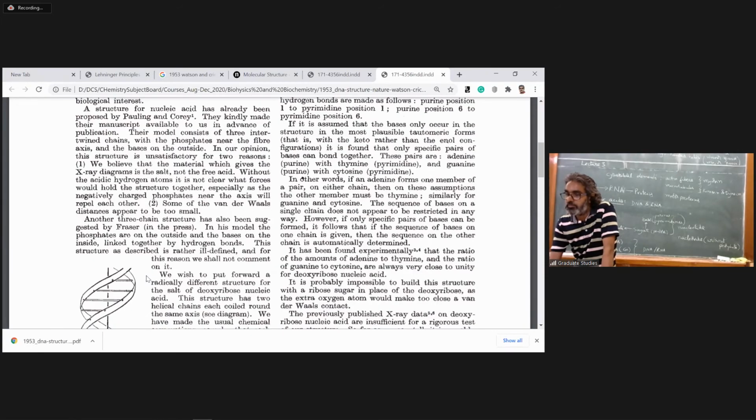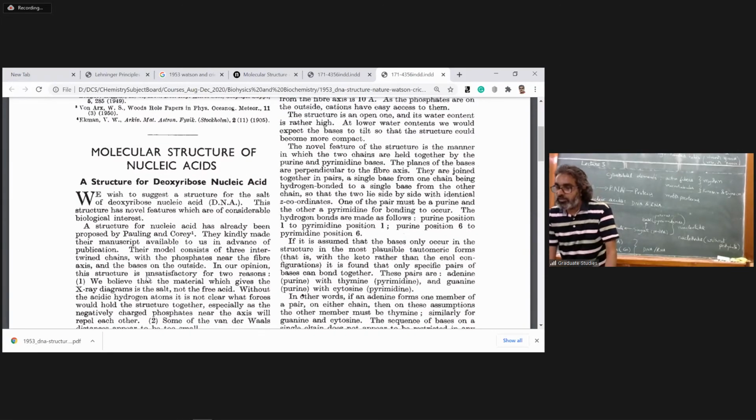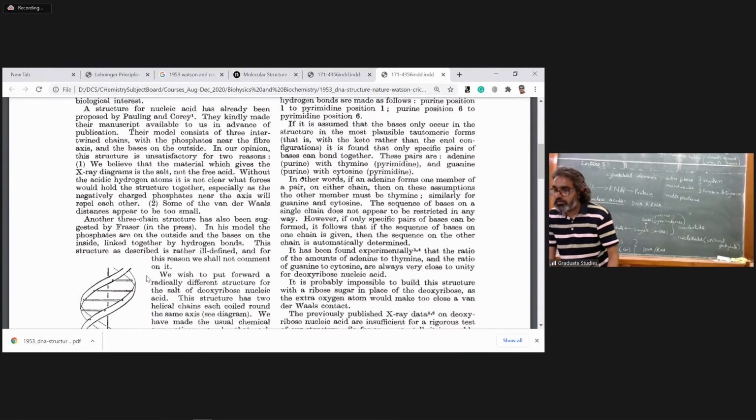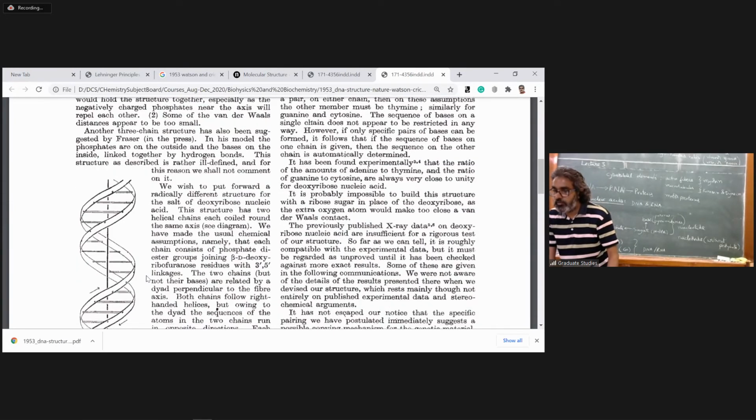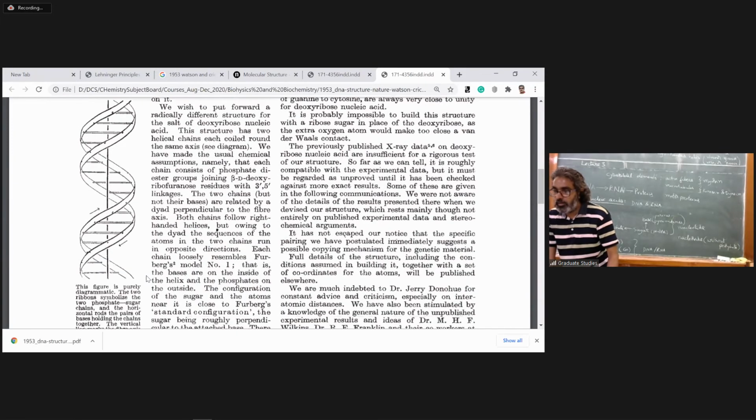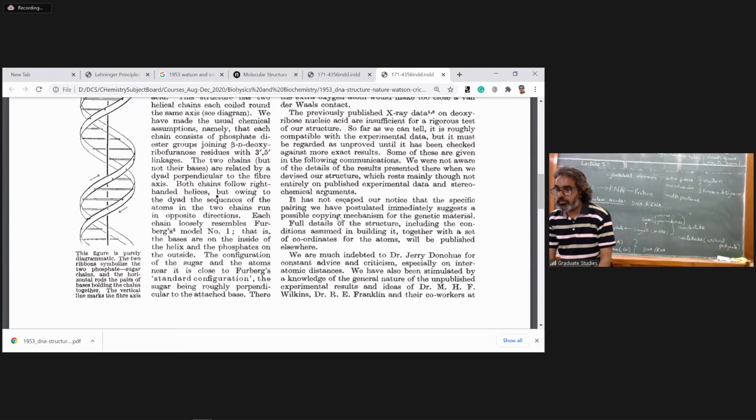You should read this basically in 5 minutes. But you should see the last couple of sentences, on the right side, second paragraph from the bottom. "It has not escaped our notice that the specific pairing we have postulated immediately suggests a possible copying mechanism for the genetic material." That's all they're saying, meaning this structure has a way to explain how the strands might be copied, how you can make another strand using this.